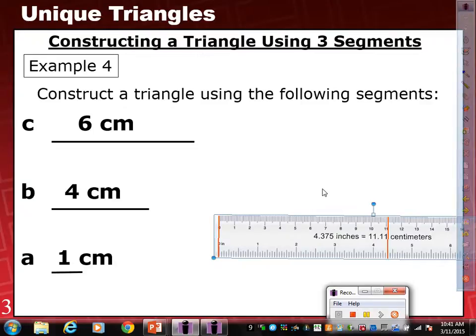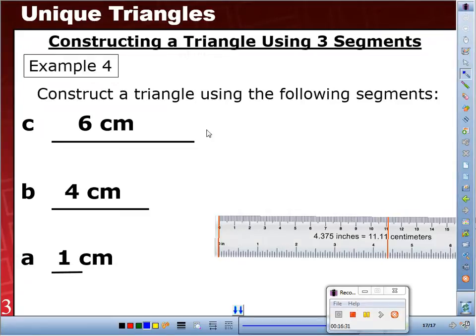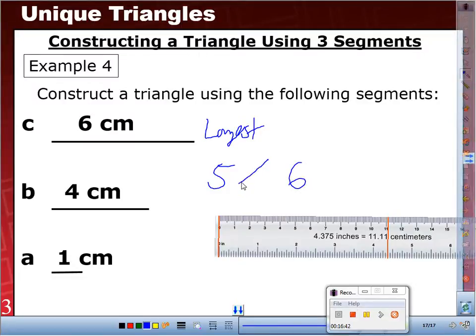Alright. Who's having a hard time making a triangle with those measurements? Okay. You can't. Here we go. Let's make an observation. What's my longest side? Longest. And what is A and B? 4 plus 1 is 5. So what is 5 compared to 6? Less than, right?